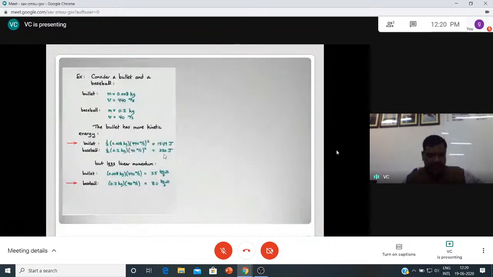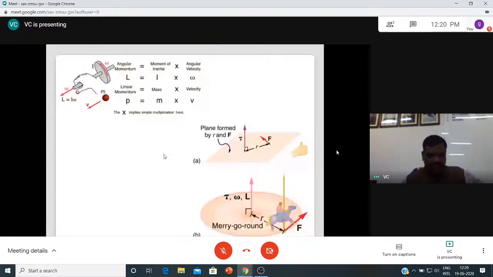Now as for the right hand rule, this is the direct and rotation is the rotation. Both are cross products, r cross omega.